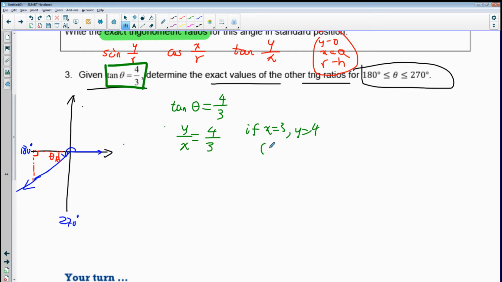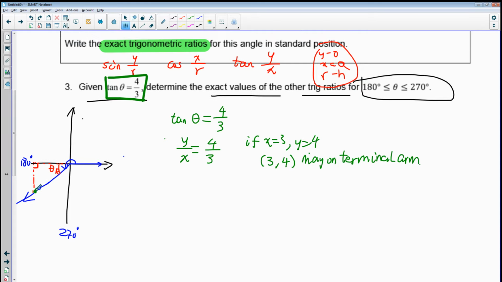So you can assume this point, 3, 4, is on the terminal arm. So x is 3, y is 4 is a reasonable assumption because that satisfies the ratio. Maybe I shouldn't say it is on the terminal arm, maybe on the terminal arm.